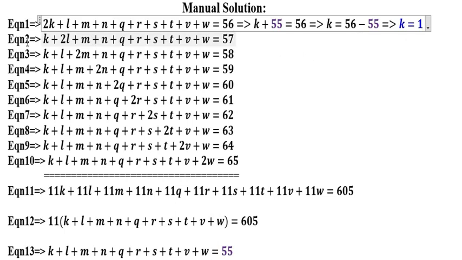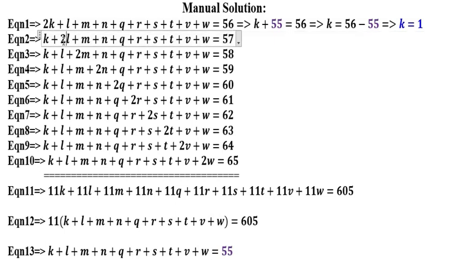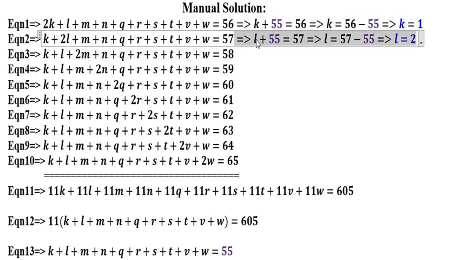Then compare equation 2 to equation 13. They are the same except equation 2 has one extra L. That means equation 2 is L plus equation 13, that is, L plus 55.